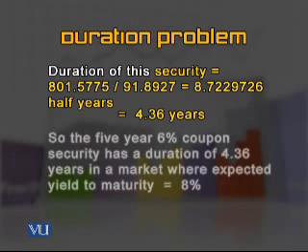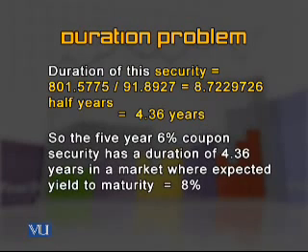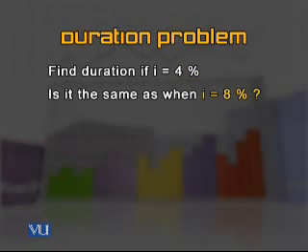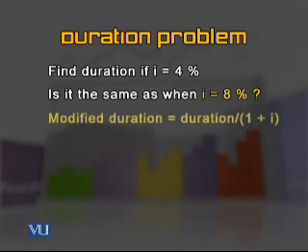So the 5-year 6% coupon security has a duration of 4.36 years in actuality, where the expected yield to maturity is 8%. So solve this problem, look at this problem. I'll give you a hint. The hint is it's not the same as when i is equal to 8%. Then you try to figure out this problem on your computers or on your papers, and you'll be able to understand that there is a modified duration.